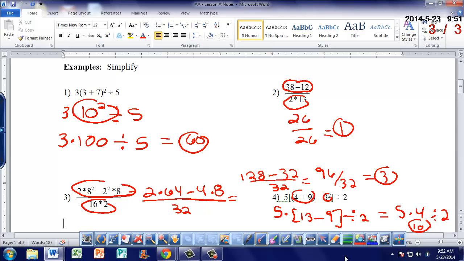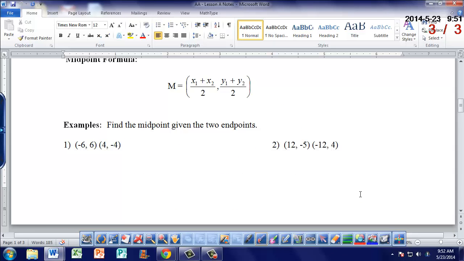Okay, moving on. We'll take a look at the midpoint formula. Just remember that when you have one ordered pair, it's always x, y. So this is x1, y1, and then x2, y2. So when you just plug it in very quickly, negative 6 plus 4 divided by 2, and then 6 plus negative 4 divided by 2.